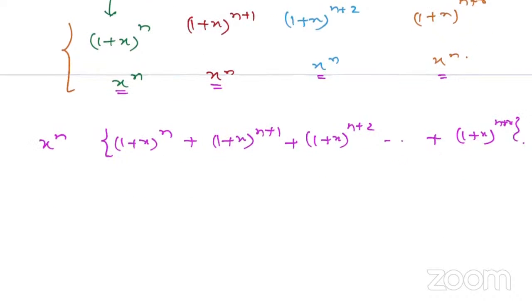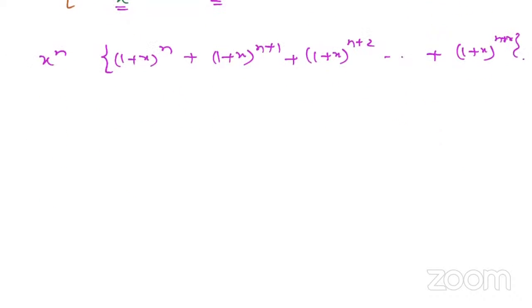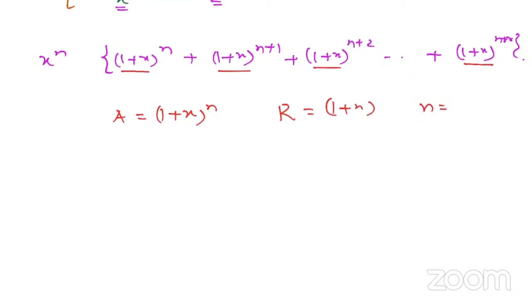Now, if you see this carefully, clearly these terms are in GP, right? So you have to solve the GP. The first term is (1+x)^n. The common ratio is 1+x only, and the total number of terms, starting with 0 going to r, is r plus 1.